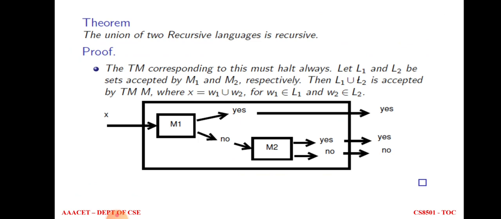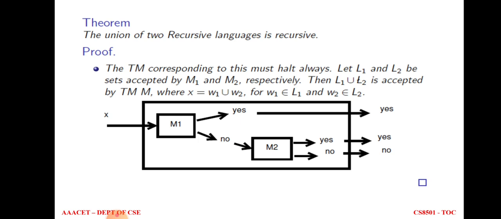We are assuming L1 is accepted by M1 and L2 is accepted by M2. So we have to perform the union operation of both recursive languages L1 and L2. So we can write L1 union L2 if and only if W1 belongs to L1 and W2 belongs to L2. Say L is a language, W is an input string. So here the Turing machine should always halt for this theorem.